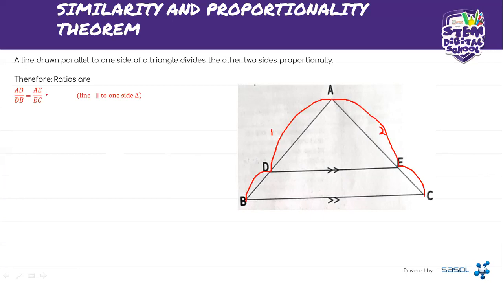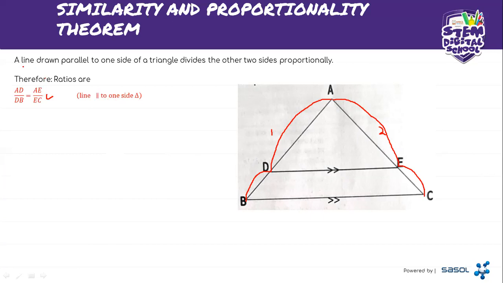That's what you are having. Every time you state or write those ratios, you must always state the reason: line parallel to one side of a triangle, right? This is the acceptable way of writing the reason.